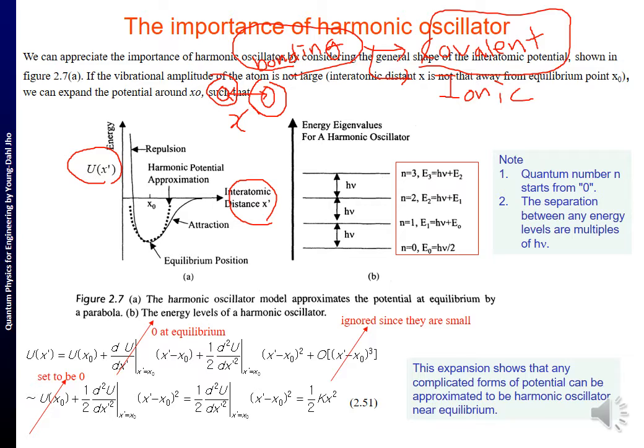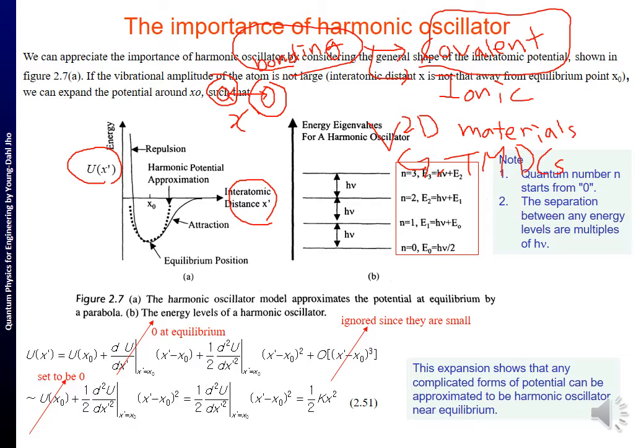But quite recently, two-dimensional materials such as graphene, transition metal dichalcogenides, and so on.